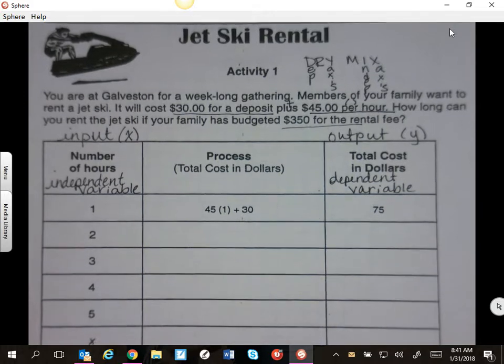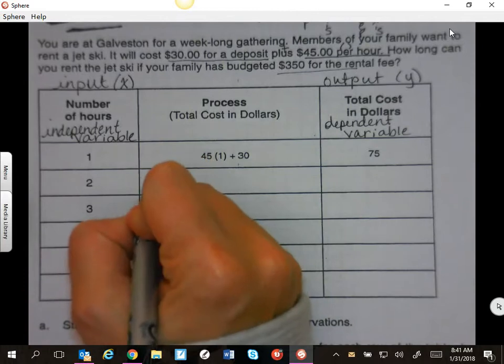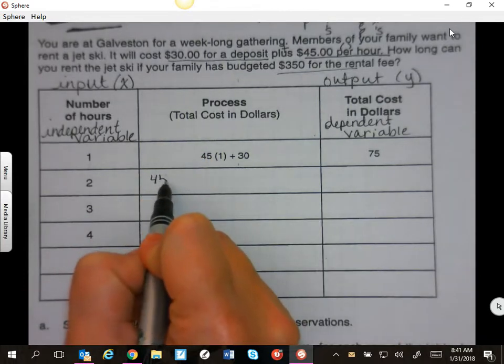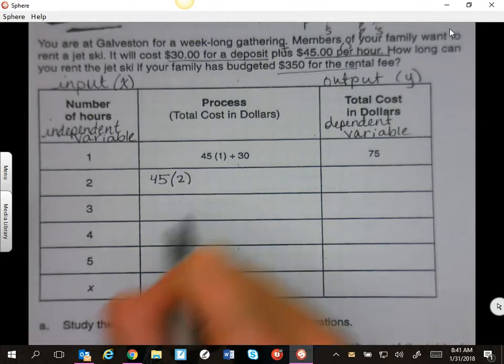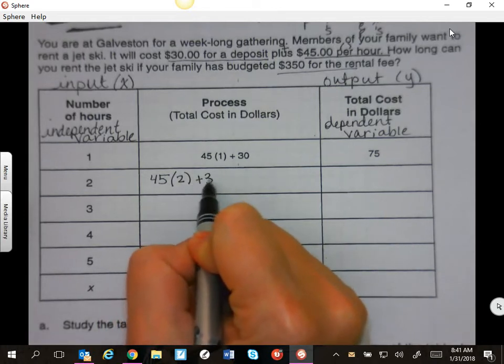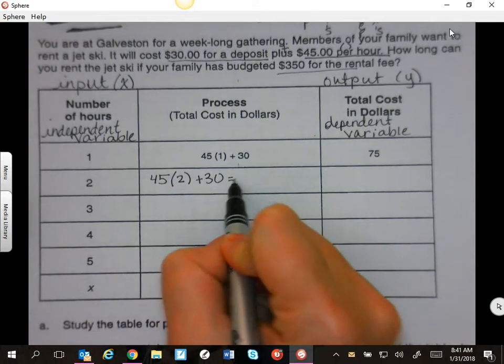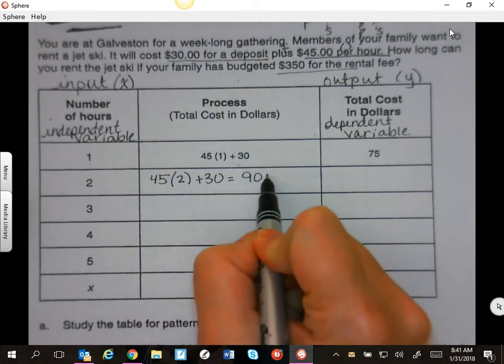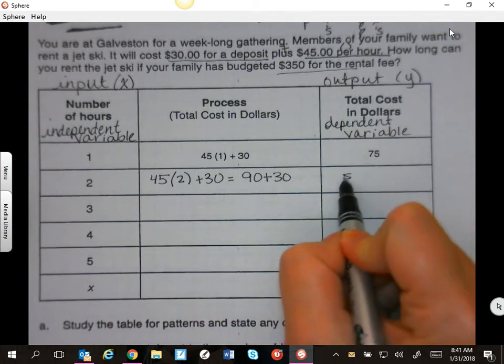So let's try this for 2 hours. So I would say $45 times 2 hours plus the $30 deposit. So we'll see how much that's going to cost. Well, we know 45 times 2 is 90 plus 30. 90 plus 30 is 120.